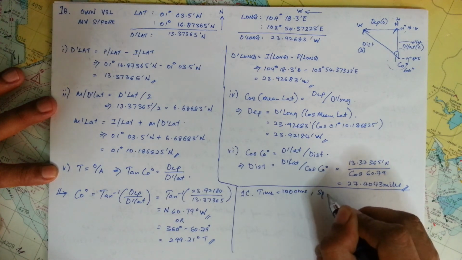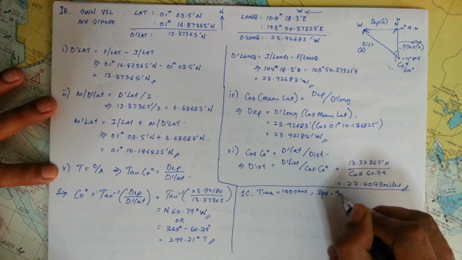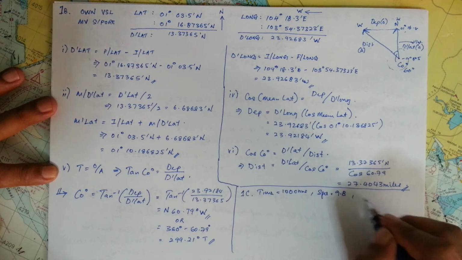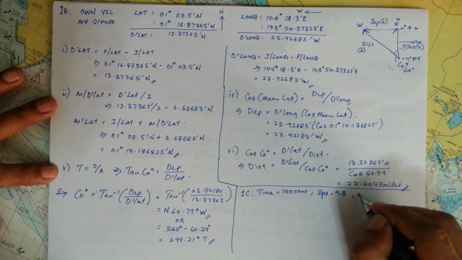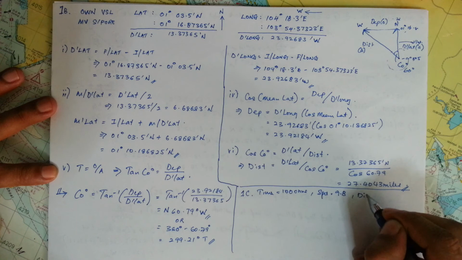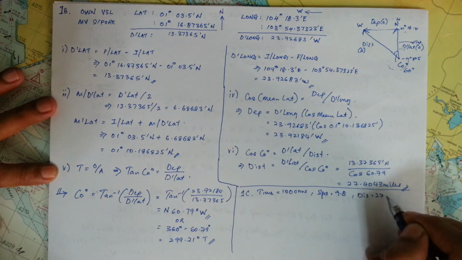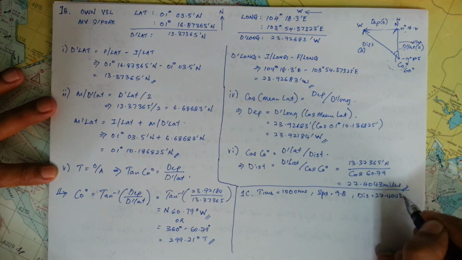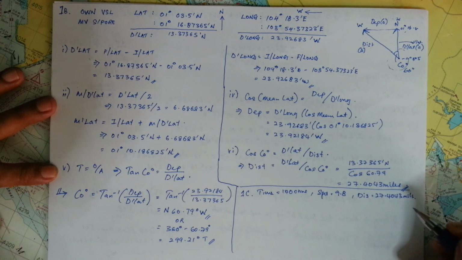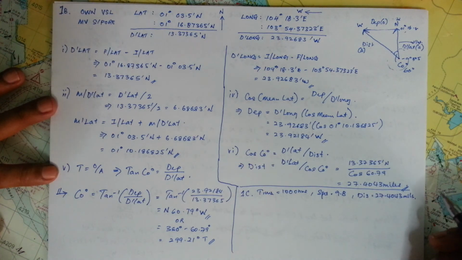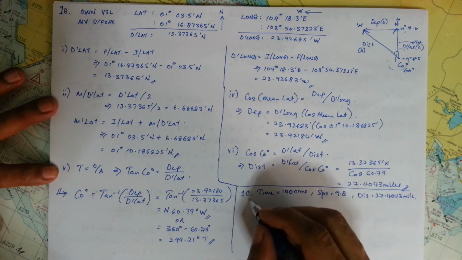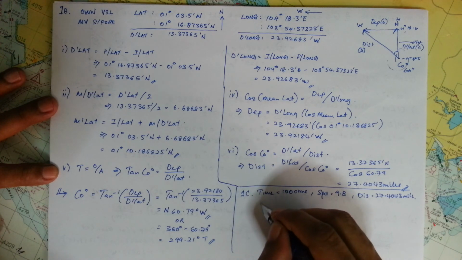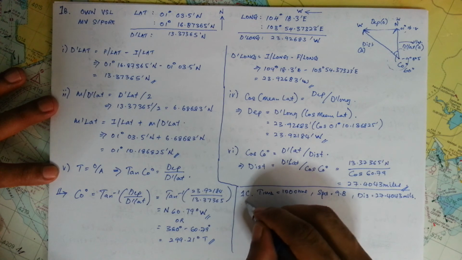Our speed is 9.8, and our distance, we get the distance here, equals 27.4043 miles, just to find our ETA. So the formula that we need to use is actually, I will use it this way.